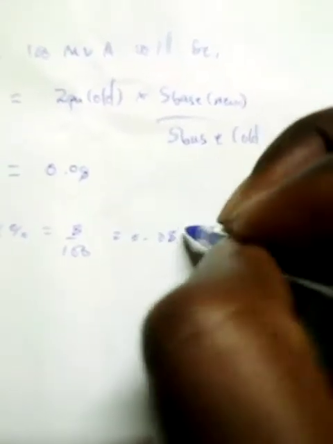So our ZPU old is actually 0.08, which is from 8%, because 8% is simply 8 over 100, which gives us 0.08. Remember that?